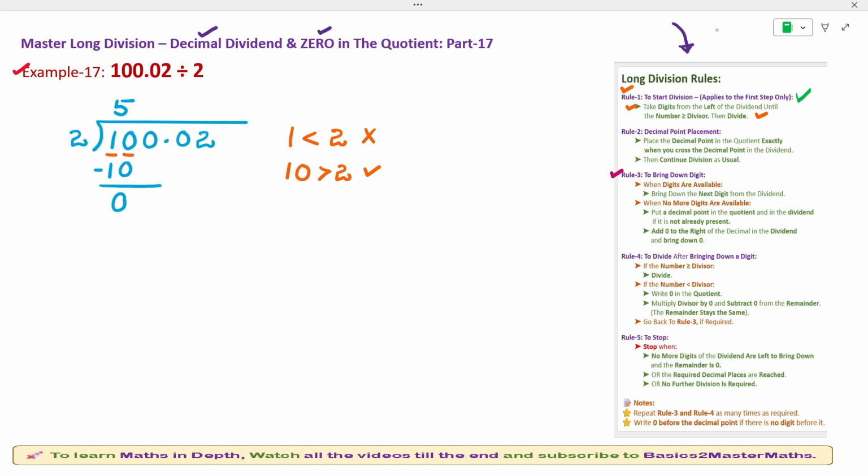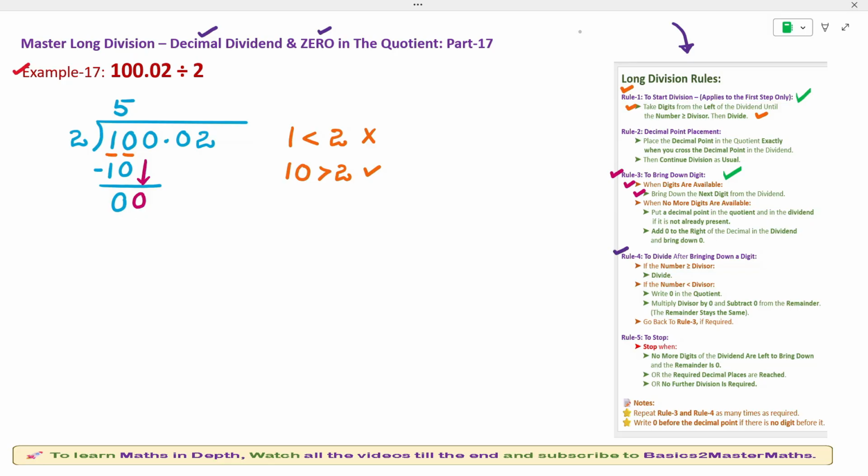Let us apply rule 3. When digits are available, bring down the next digit from the dividend. In this case, since digits are available, bring down the next digit 0. Now, rule 3 is complete.